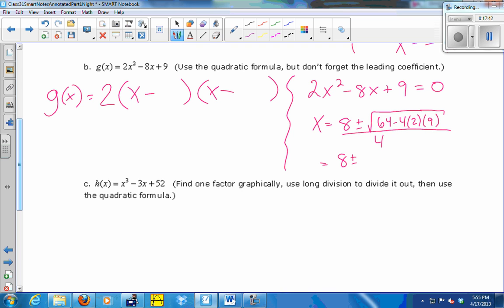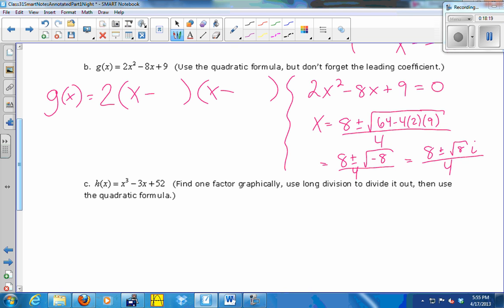So that's 64 minus 72, which is negative 8. Is that right? Negative 8, yeah. So this is 8 plus or minus the square root of 8i over 4.